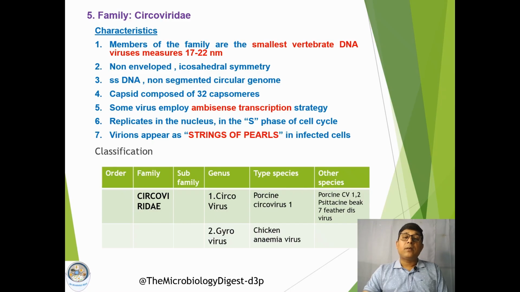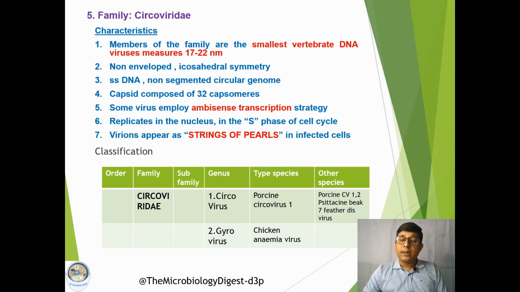Replication occurs in the nucleus, in the S phase of the cell cycle. And these virions appear as strings of pearls in the infected cells. This is also another typical character of Circoviridae. As for classification, this family does not have any subfamily, but it has two genera, Circovirus and Gyrovirus.